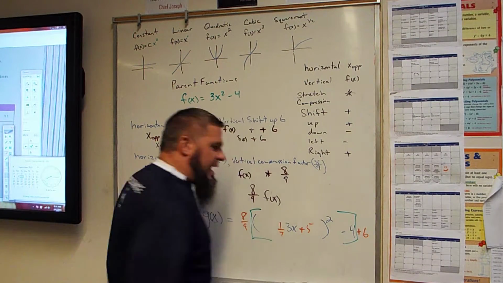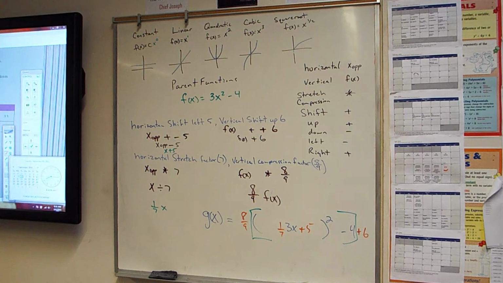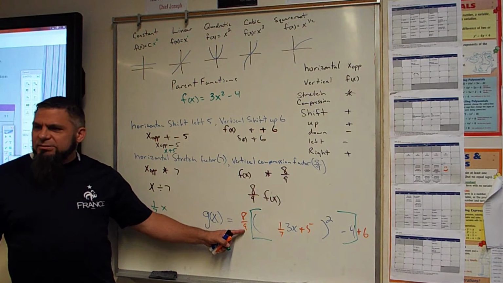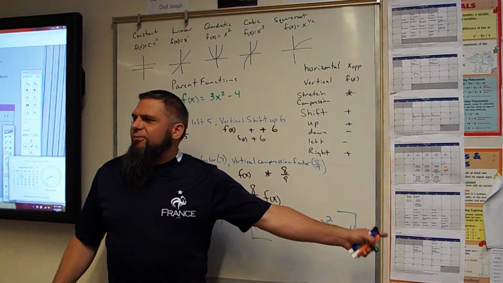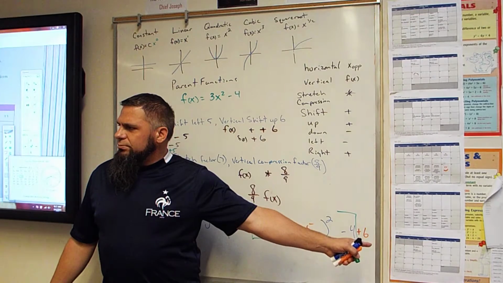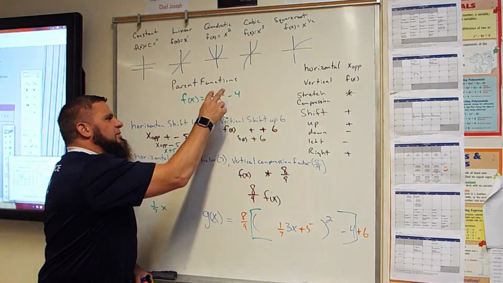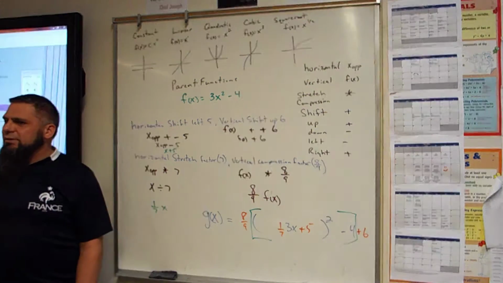Why do I need that? Because this is multiplying the whole function. Everything about the function gets multiplied.